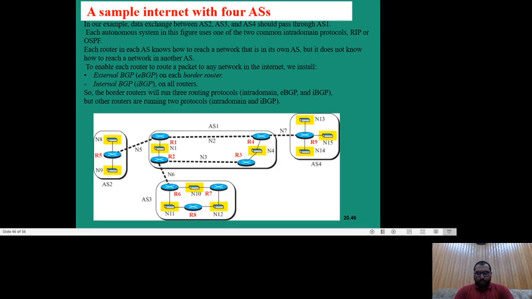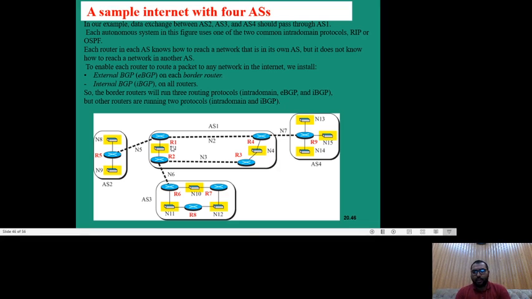Now, within an autonomous system, or intra-domain, you will need either RIP or OSPF installed on top of each router. But how do we connect with another autonomous system?